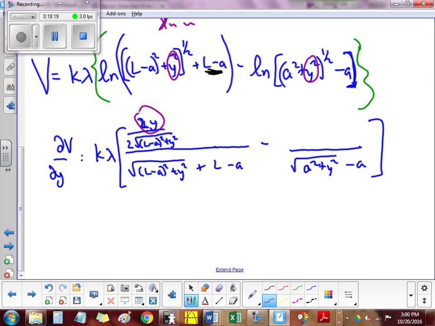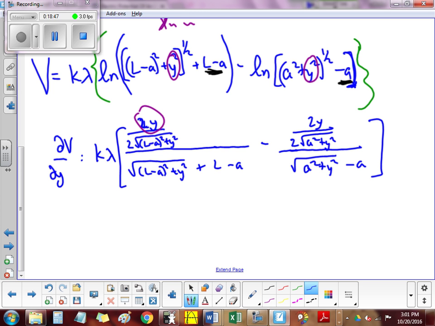So it's going to be 1/2 times (a squared plus y squared) to the negative half, and so on. It's going to end up being like this, very similar to last time: 2 square root of a squared plus y squared, then the derivative of y squared, which is 2y. And then there's a minus a just chilling here at the end, but its derivative is 0 as far as y is concerned.